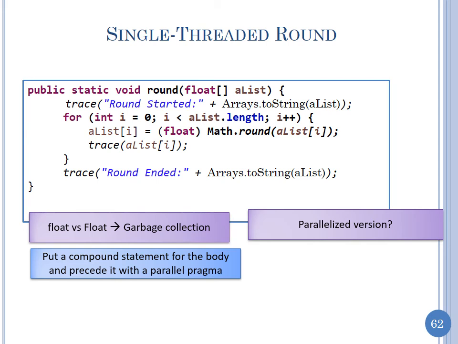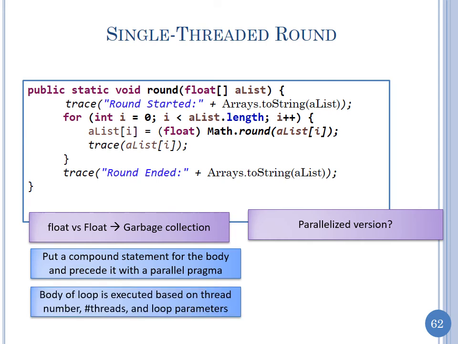So as Eugene mentioned, we put a compound statement for the body and proceeded with the parallel pragma. The body of the loop is executed based on thread number, threads, and loop parameters. So each thread will execute only some iterations of the loop, and it'll say, is my thread number compatible with the loop index, given this being the number of threads and this being the total number of iterations.